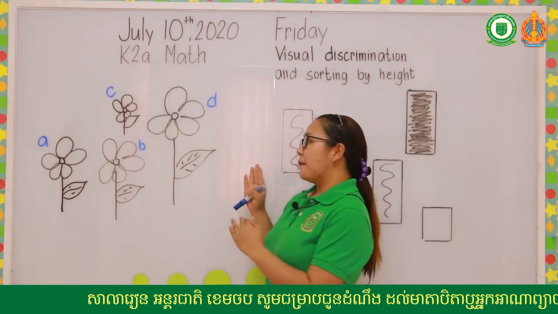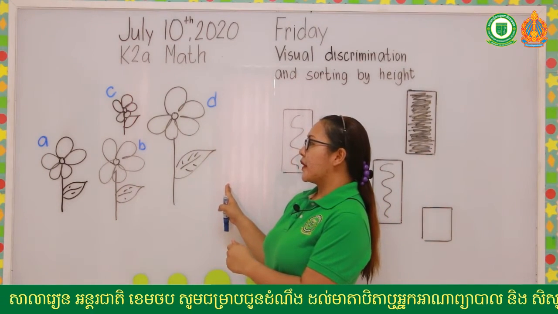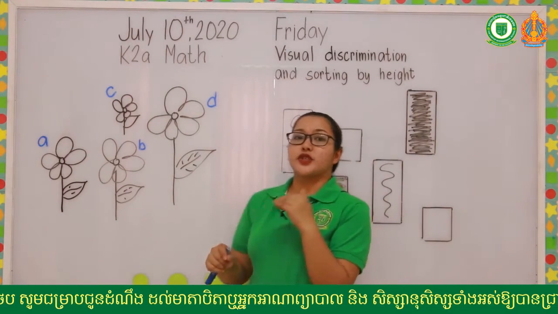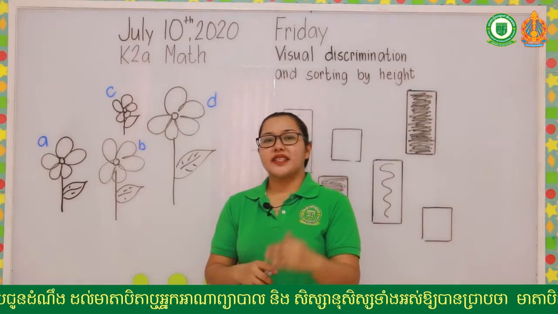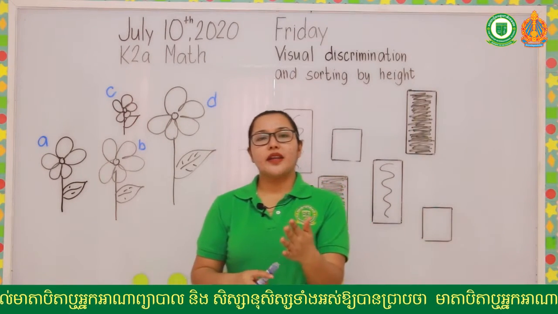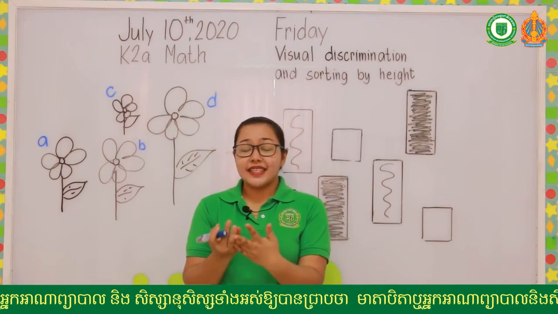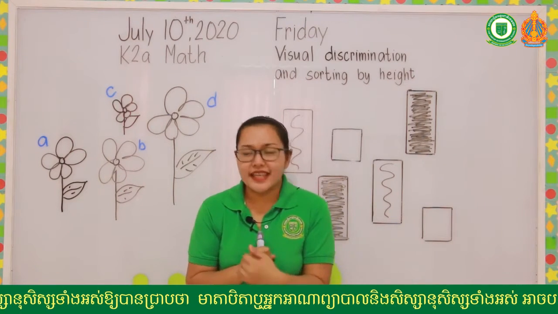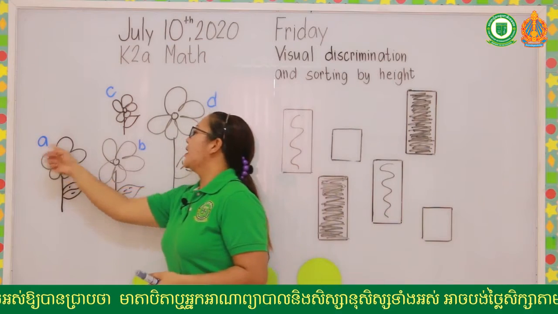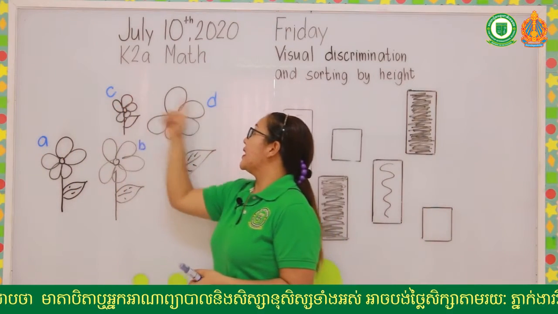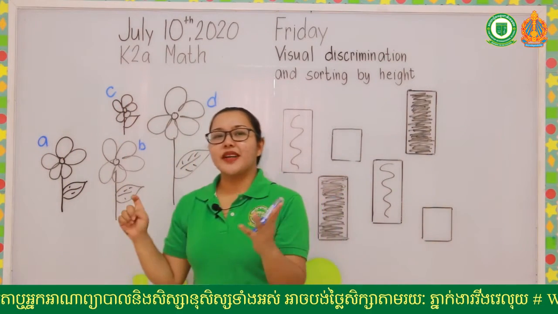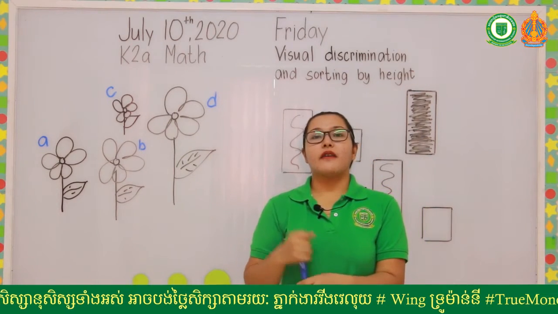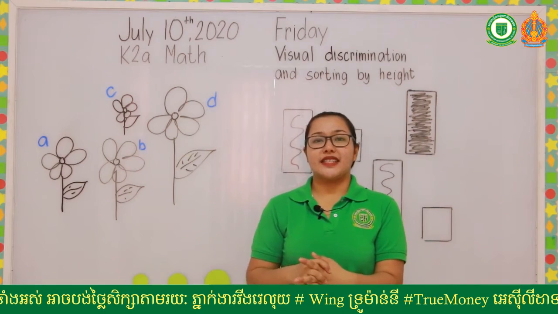In this picture, we have the shortest and of course the tallest. So I want you to help me identify which one is the shortest and which one is the tallest. I wrote here A, B, C, D. You are going to tell me the letter of the shortest and the tallest, okay?